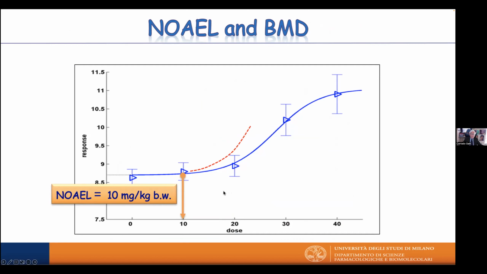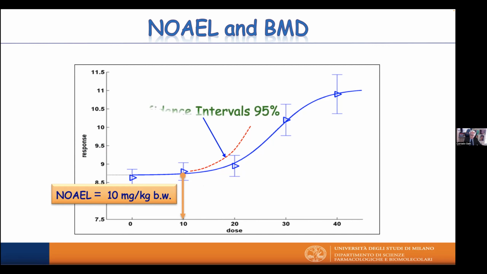And then, as far as the NOAEL, at the end of the experiment, you have to look for the highest dose which will not produce any toxic effect. And in this case, your dose response curve will end up with a NOAEL of 10 milligrams per kilo body weight.